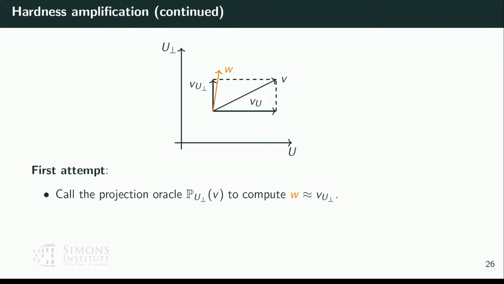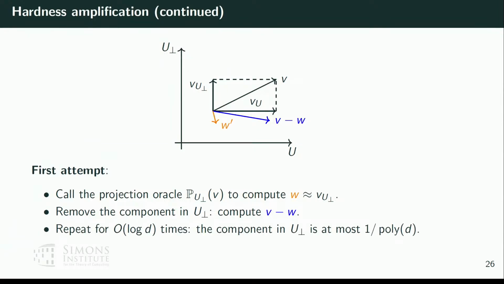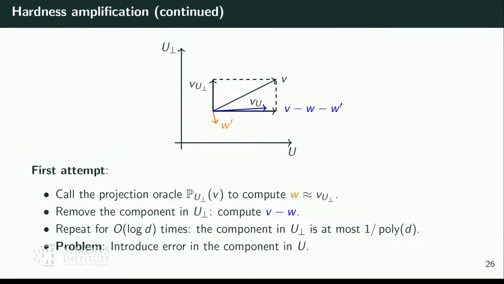We just project V into this orthogonal space to compute some vector W, but this W will have some error. And then we remove this component. So we compute V minus W. So this V minus W will be closer to VU. And then we can continue this for log d times, so that the component in this orthogonal space is smaller and smaller. It starts from some constant, but after log d times will be 1 over poly d. We do this again and again.